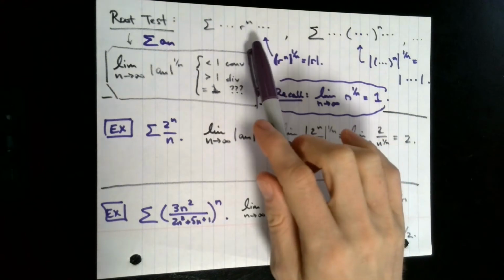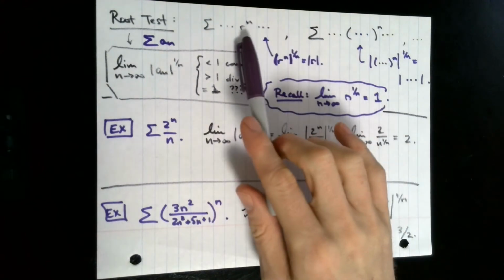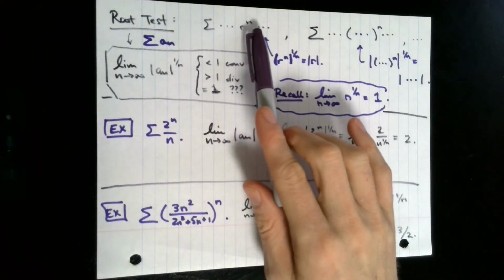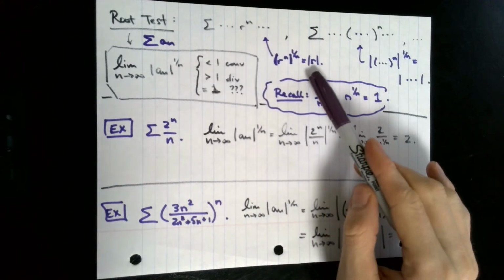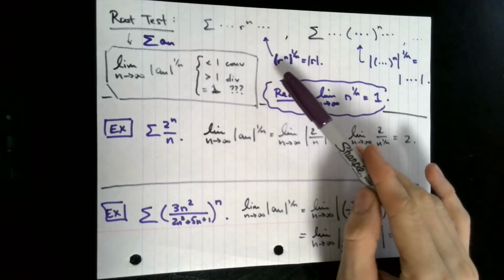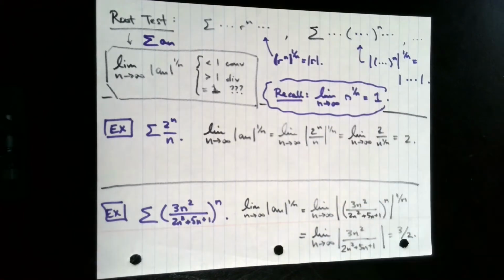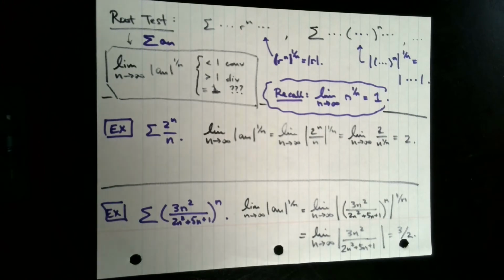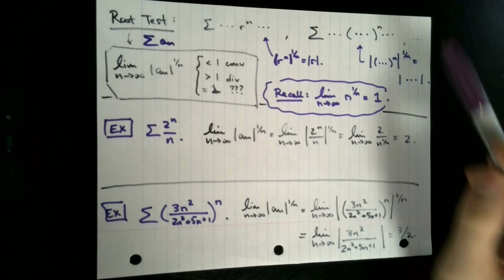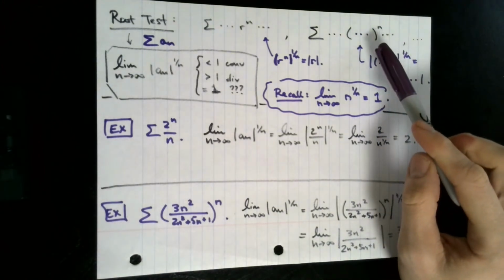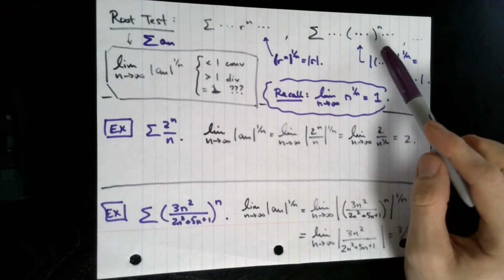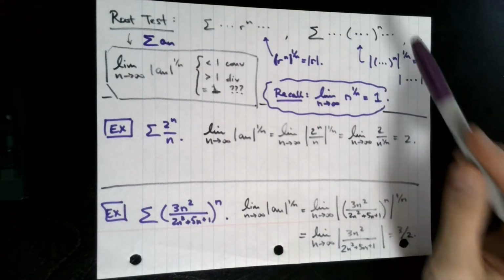Well, a couple cases that work nicely with the root test are when you have something of the form r to the n. That's going to work really nicely, because when you take the absolute value of r to the n to the 1 over n power, a power raised to a power, the exponents cancel out, and you'll just get the absolute value of r. Another thing that works quite nicely is if you have an expression that may be more complicated than r that's being raised to the nth power.